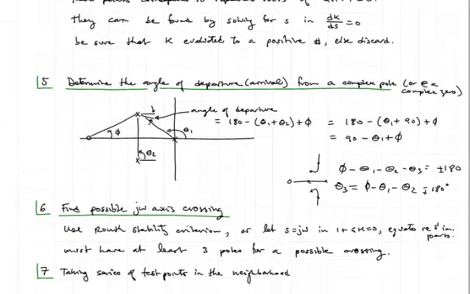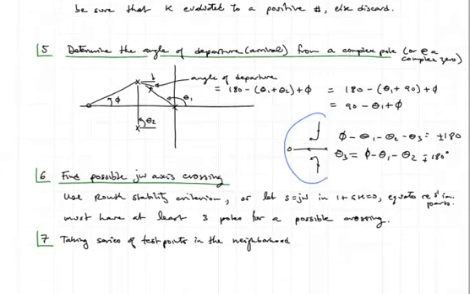Next, we determine the angle of departure or arrival from or to a complex pole, complex conjugate pole. So for instance, here's a little root locus plot where you would have some poles right here, and you have a finite zero here, and the root locus is drawn as I've shown it here: there's going to be one branch that goes along the horizontal axis and the other two basically take off.